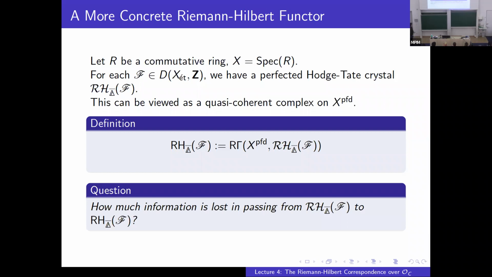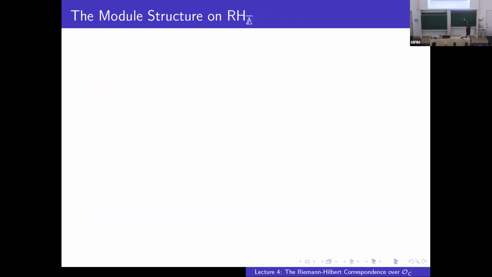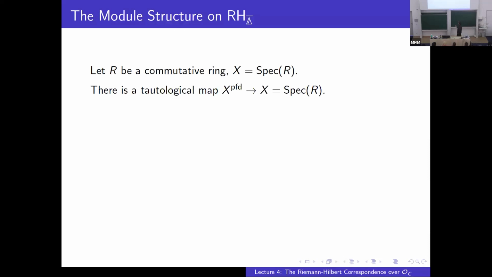And a question that you can ask is, how much information do we lose when we take these global sections? And the answer depends on what you consider the right-hand side to be. So again, R is any commutative ring. There's this natural map from the perfectoidization to R. And therefore, when I take this inverse limit construction I mentioned on the previous slide, it's always going to have an R module structure.